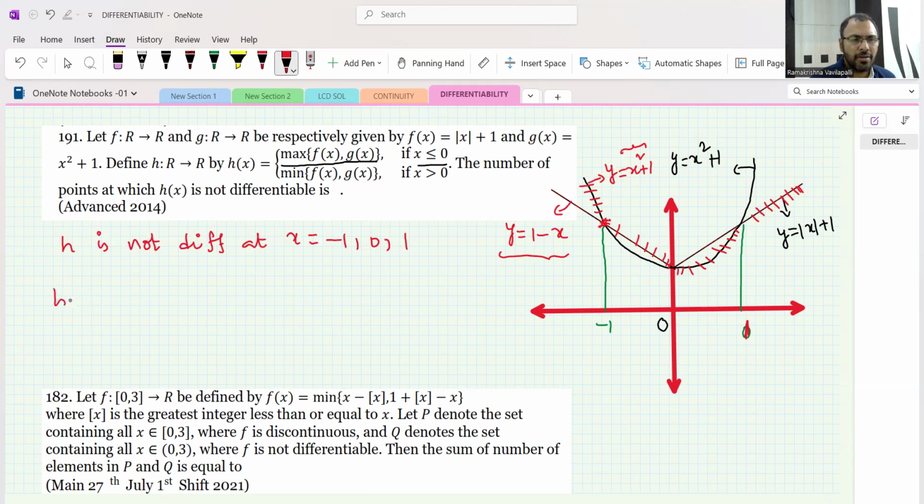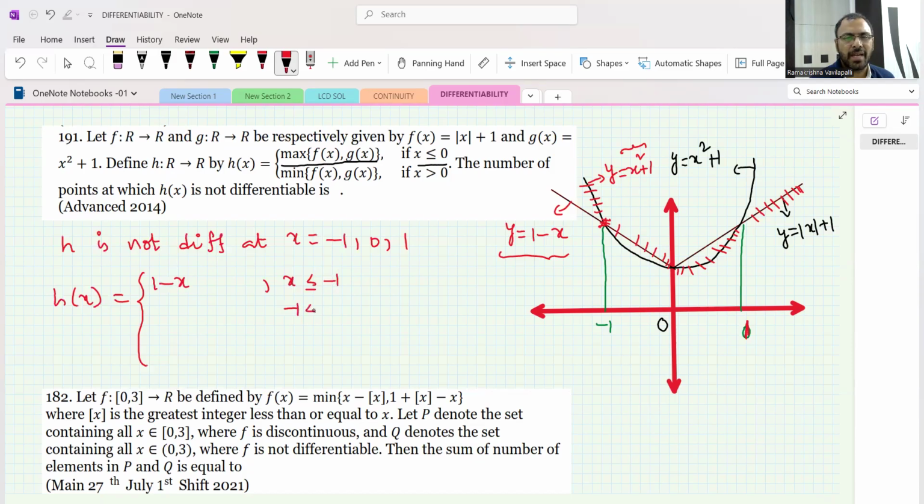If you want to express the function, I'll write the complete function here. For x less than or equal to minus 1, you will have the 1 minus x graph.